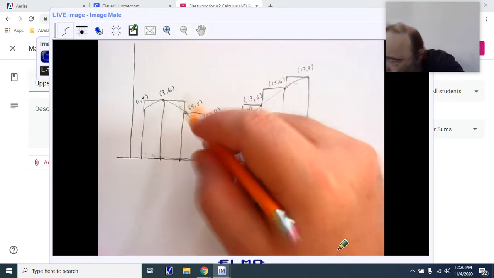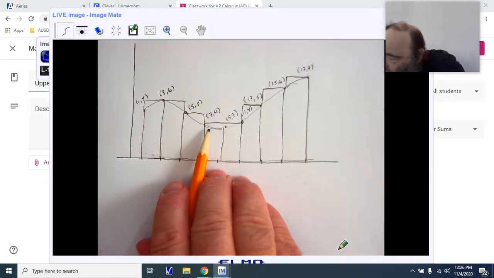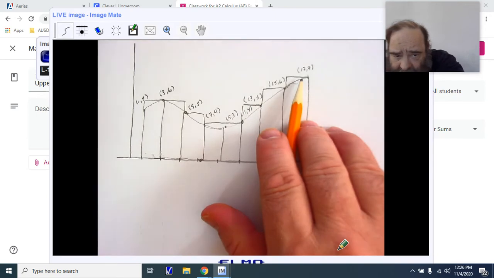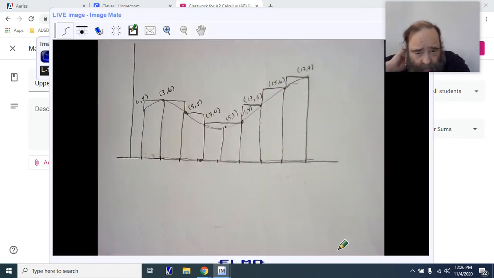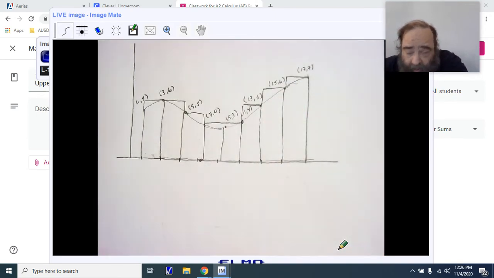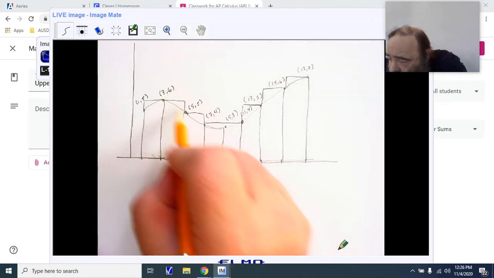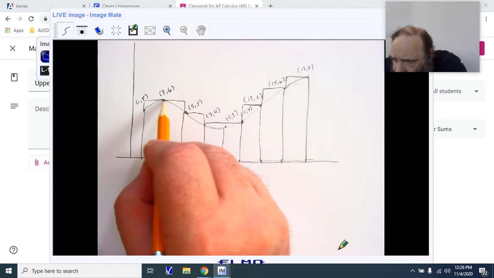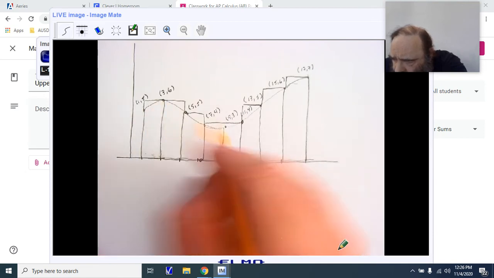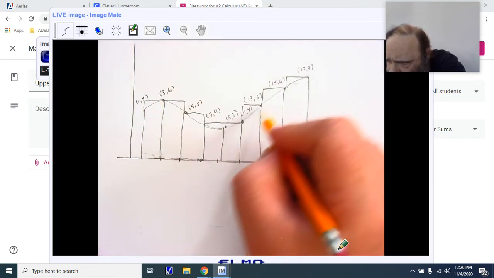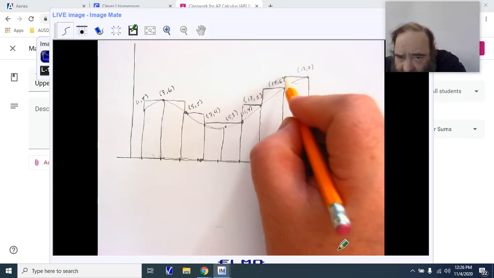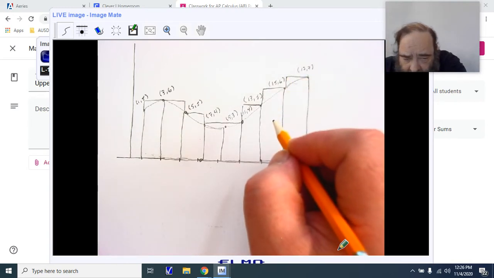So notice sometimes I'm using the right value, and sometimes I'm using the left value. Okay. Notice that when I am decreasing, the upper amount is going to be from the left side, and increasing, the upper amount is coming from the right side.